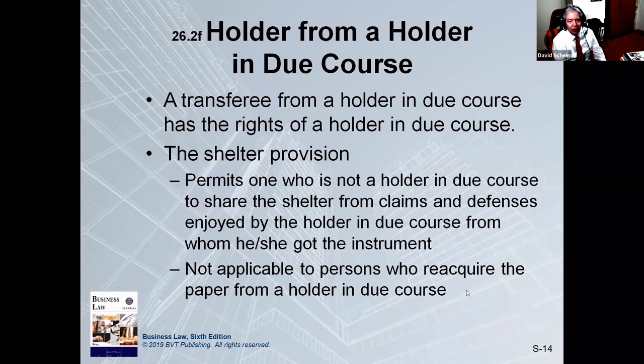The point of this slide is that an HDC can create additional HDCs. Each person in the chain who takes for value in good faith without notice of a problem can be an HDC. So you can have them in series.